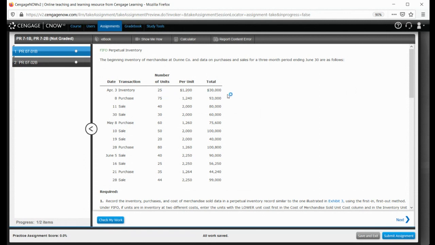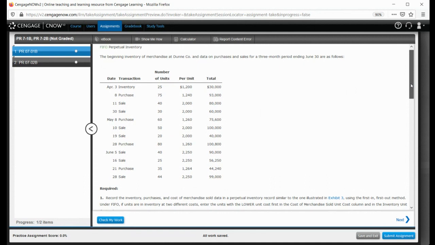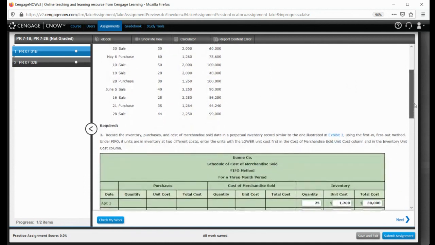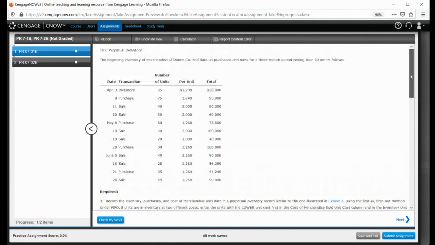So we just multiply the two of those to get $30,000. That's the inventory we have to start with.